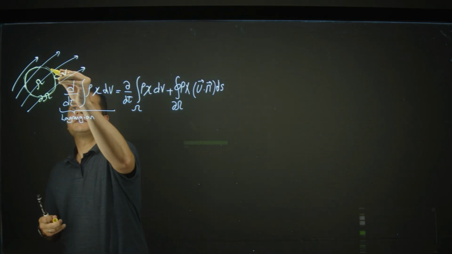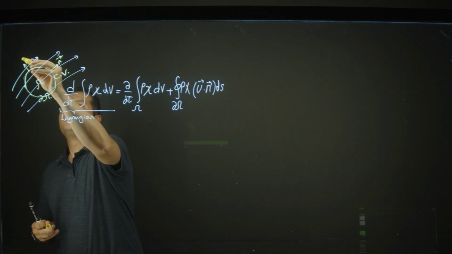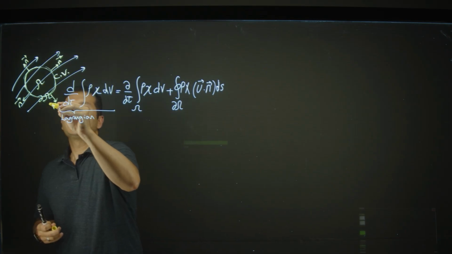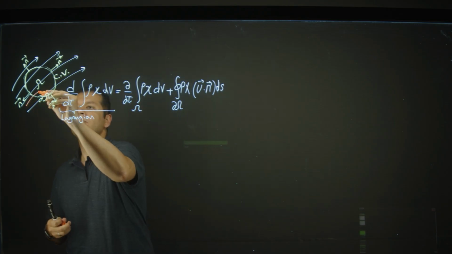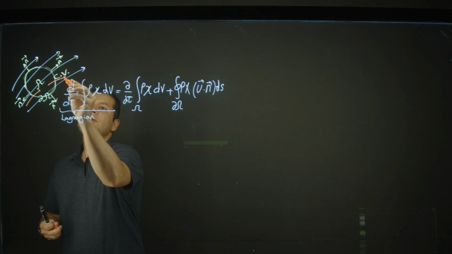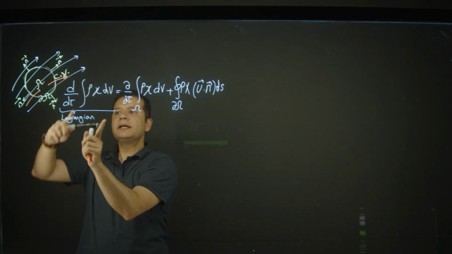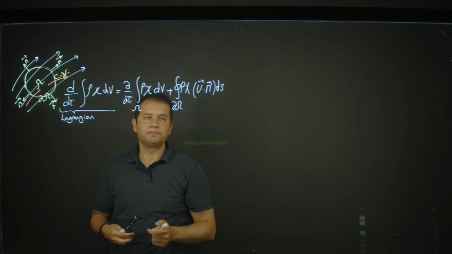And n is the normal vector outward of my surface, and naturally u dot n for a stream of flow, the outgoing velocity will be positive because they are parallel to n, and incoming fluxes are negative because they are in the opposite direction to n.